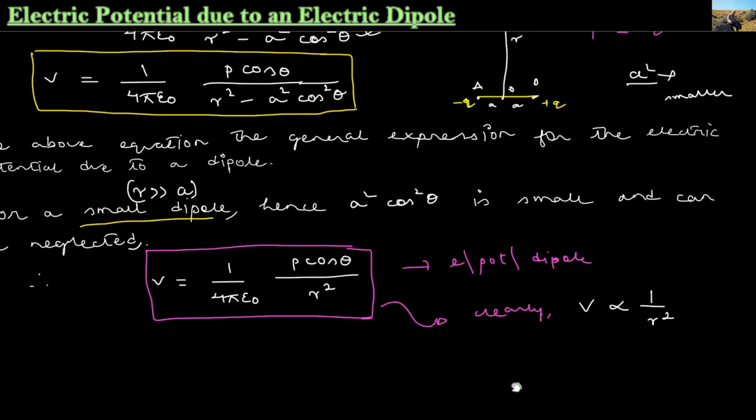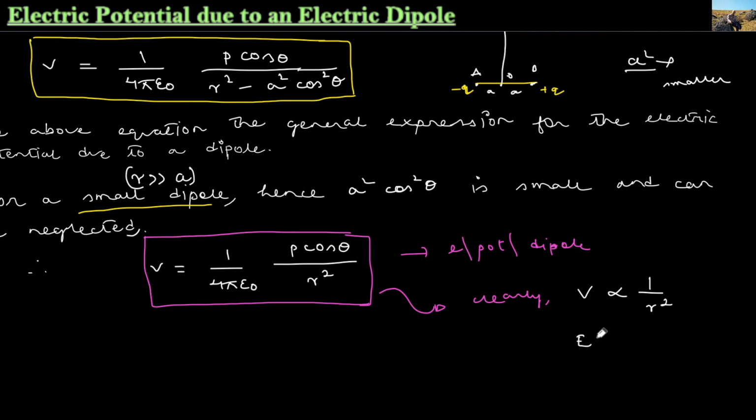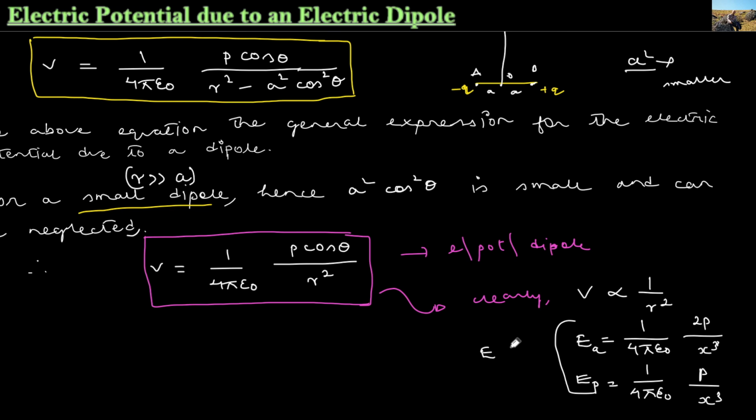And if you remember the electric field due to a dipole, for a point on the axial line it is given by this expression, E axial, and E equatorial is given by 1 by 4 pi epsilon naught, then you have that expression p divided by x cubed.